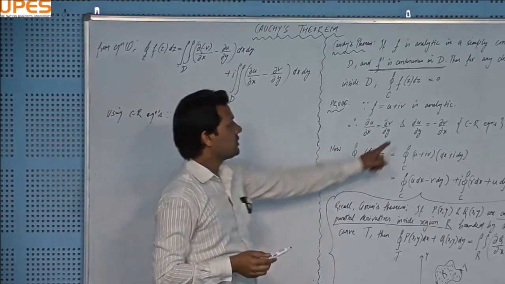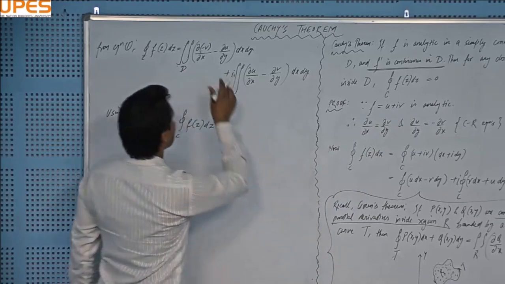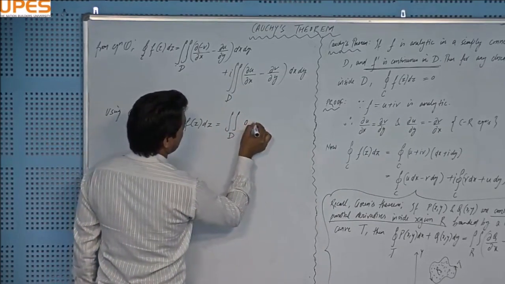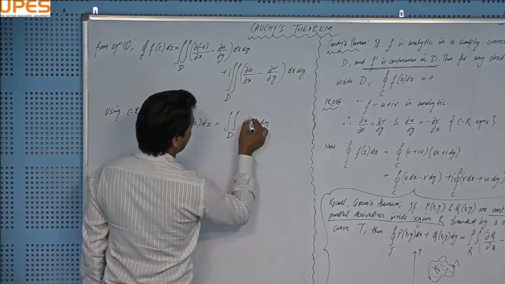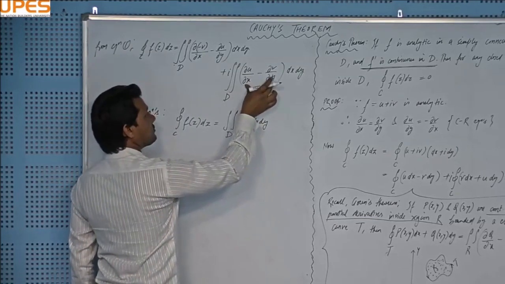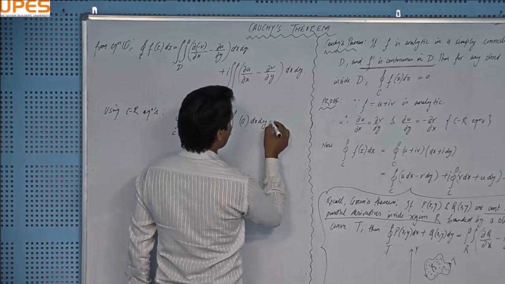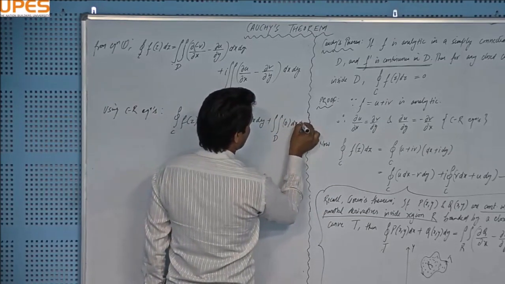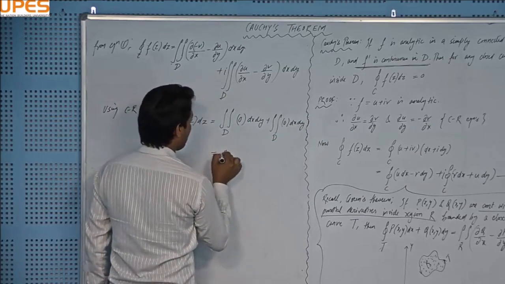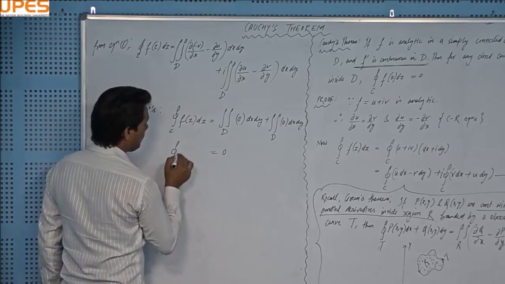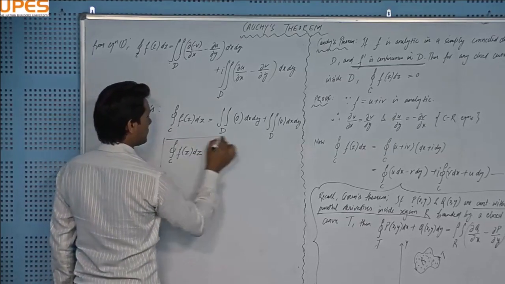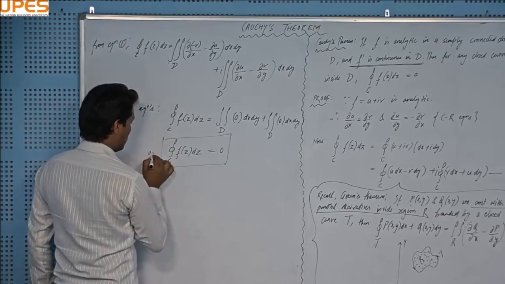Actually del u by del y is equal to the negative of this, so ultimately it will be 0. Again, del u by del x is equal to del v by del y by the Cauchy-Riemann equations, so it will be 0 dx dy. So ultimately the result will be 0. This is the proof of Cauchy's theorem.